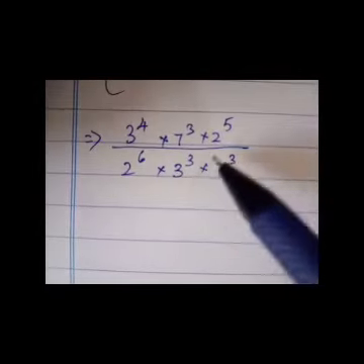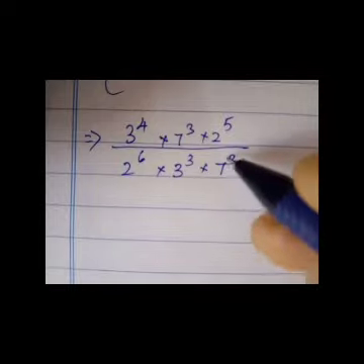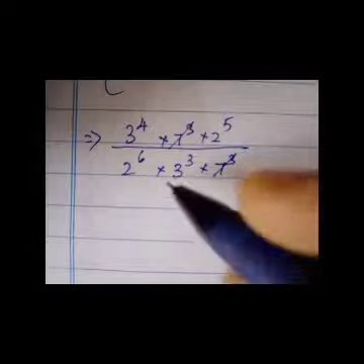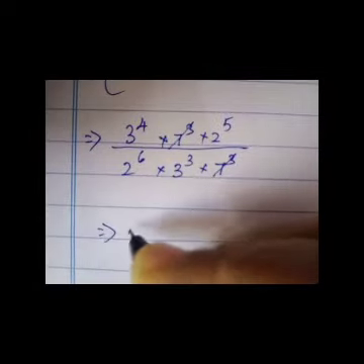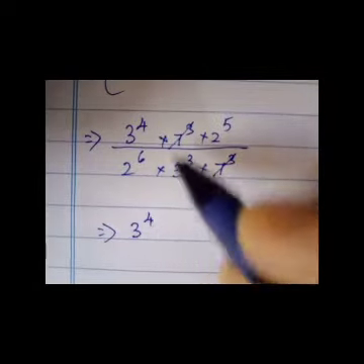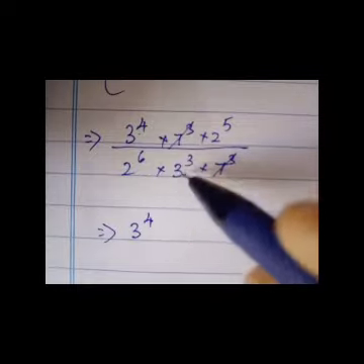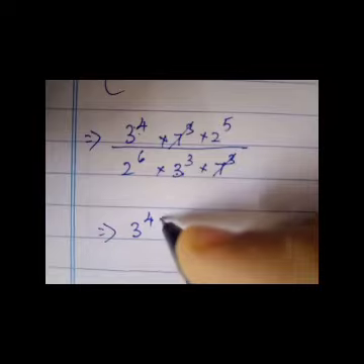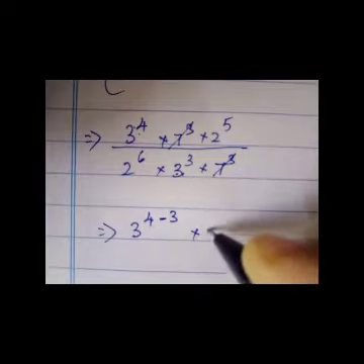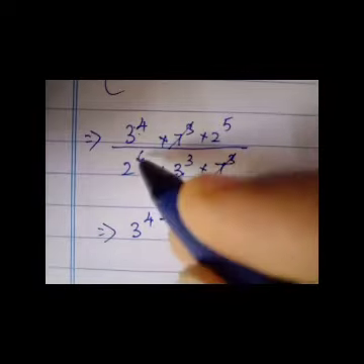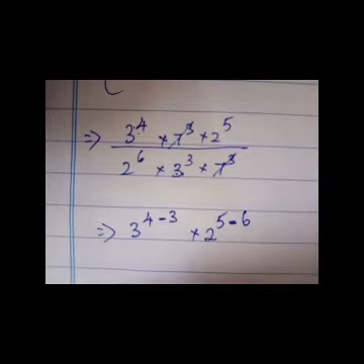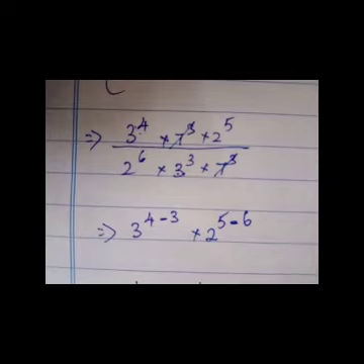Now you can cancel it, no? Here 7 power 3 and 7 power 3, and here 3 power 4. If it is in the division, you have to subtract the powers, 4 minus 3 into 2 power 5 minus 6, which is equal to 3 power 1 into 2 power minus 1.